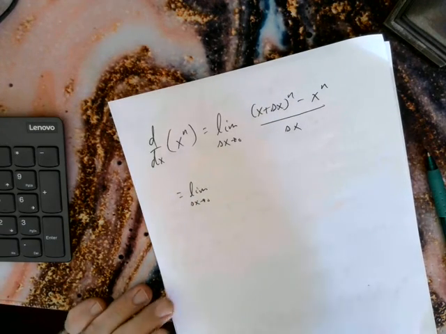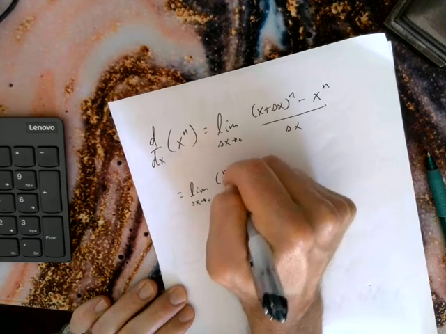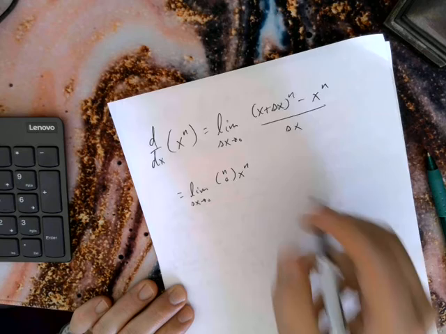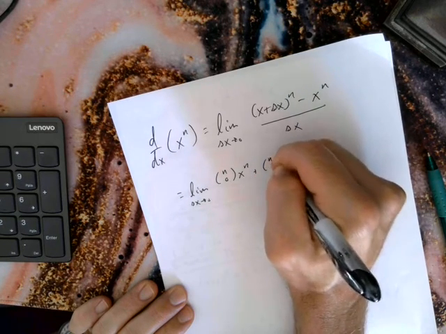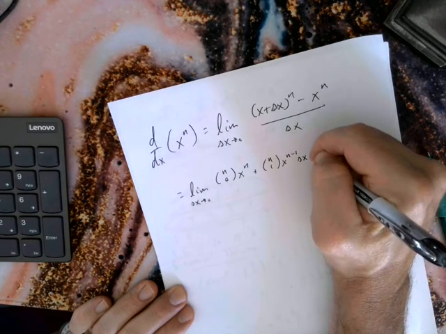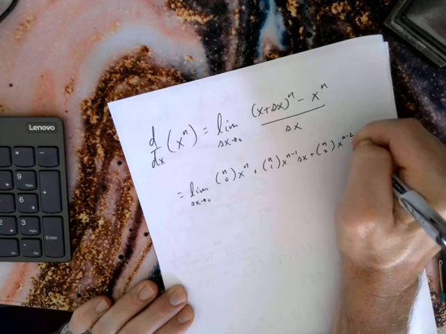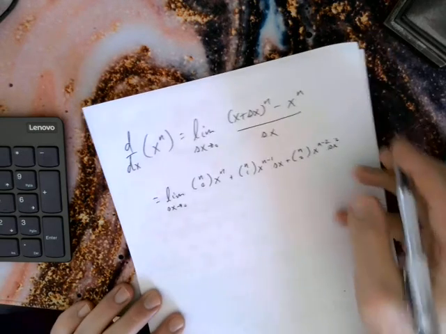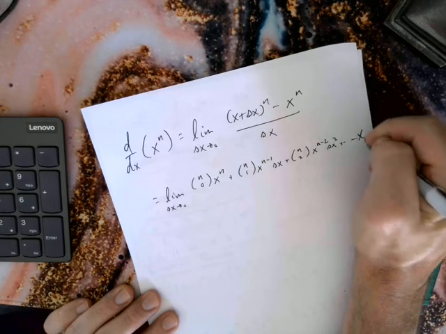So it starts off as n choose 0, x to the n, plus n choose 1, x to the n minus 1 delta x, n choose 2, x to the n minus 2 delta x squared, etc., until the last term, and then minus x to the n power.